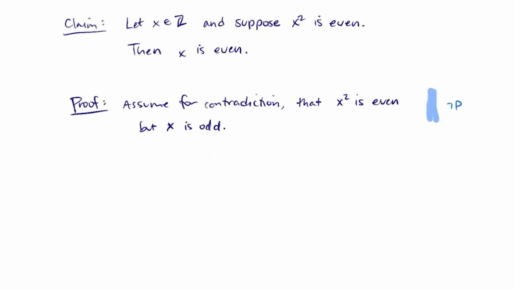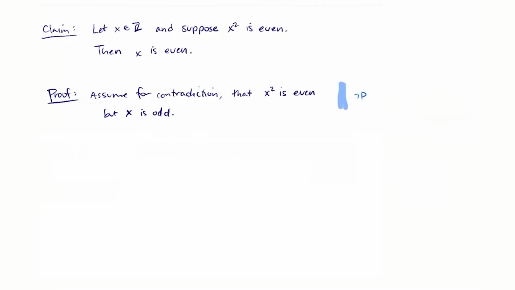Let's start by using the fact that x is odd. Since x is odd, it can be expressed as 2 times y plus 1, for some integer y.